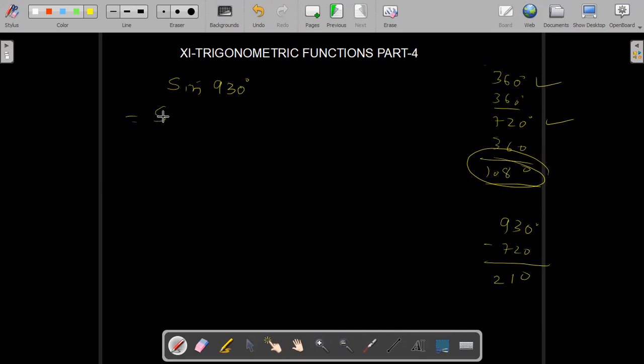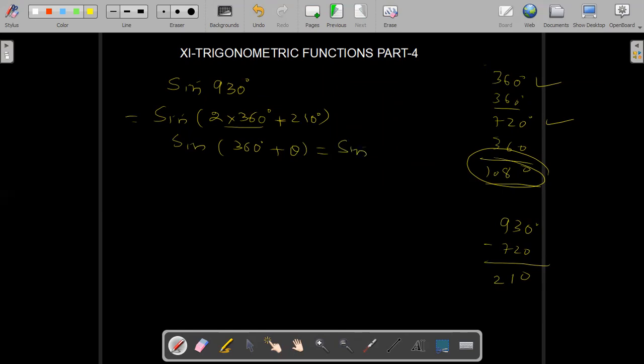So it can be written as 2 rounds of 360 degree. That means if you take 2 rounds of 360 degree, you will reach the same point. It is a circular function, plus how much is left? 210 degree. So which formula will we use? We will use sine of 360 degree plus theta is equal to sine theta in the first quadrant.